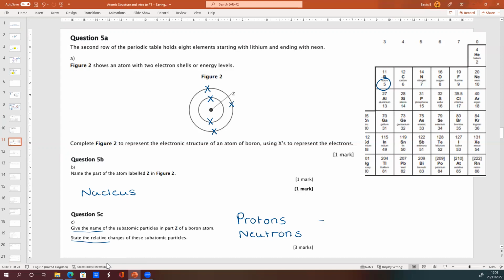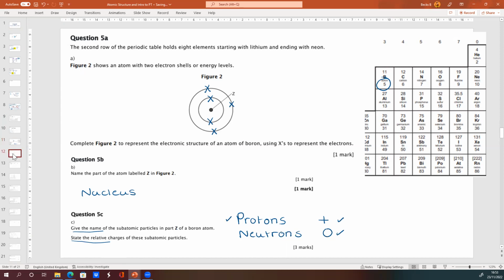If you've indicated simply with a positive and a 0, or you've written the word positive and neutral, absolutely fine. That one is worth 3 marks. You would get 1 for identifying the proton and the neutron, and then 1 for each of the charges.